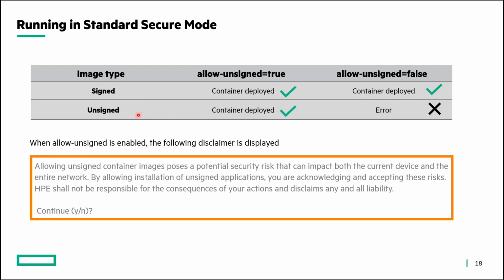Now let's consider an unsigned image scenario. Using the allow unsigned parameter, the container is deployed, but without using it, it is not, which is straightforward. These are all in case of standard secure mode. Once you deploy a new container image with the allow unsigned parameter, you will see a potential security risk warning, which states that HP shall not be responsible for the consequences.